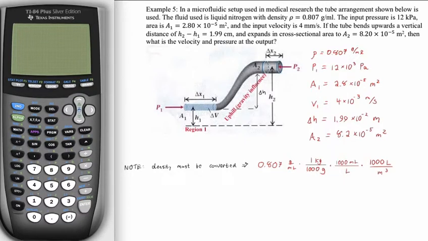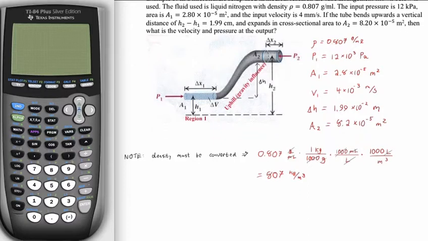I made an adjustment here: my first conversion I had as the reciprocal, because I need to cancel out the grams. So we cancel out the grams, milliliters cancel, then we make our final conversion, liters to cubic meters, which cancels liters, leaving kilograms per cubic meter. The thousands also cancel, so we only have a factor of 1,000 difference, a nice clean difference. Once we make that conversion, we find that the density is 807 kilograms per cubic meter.